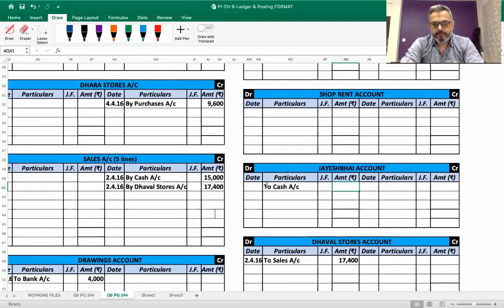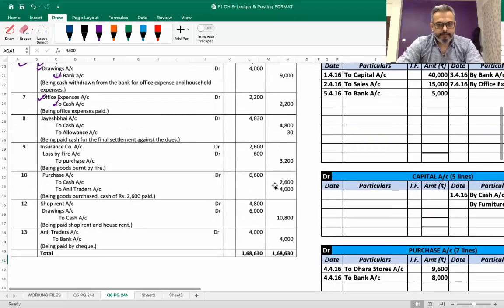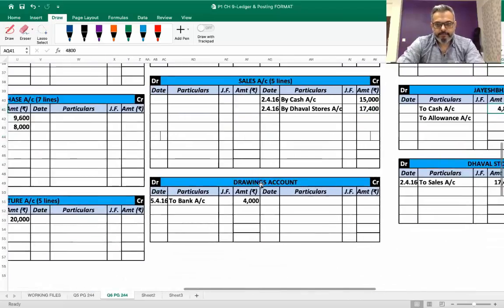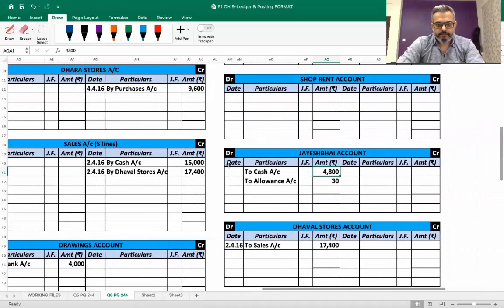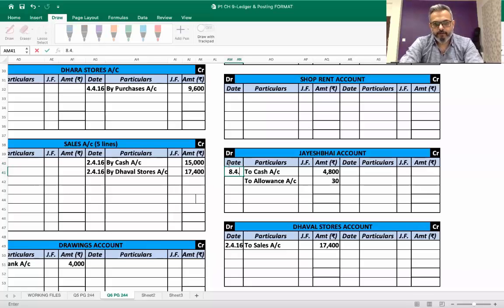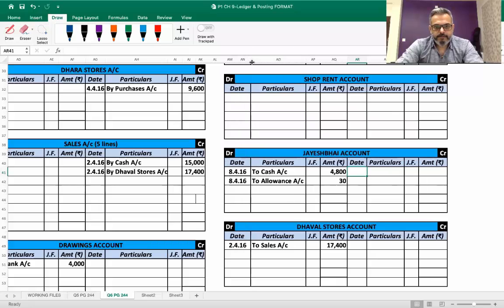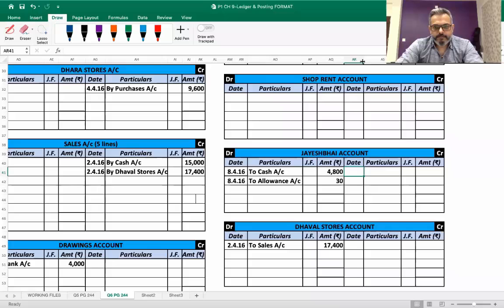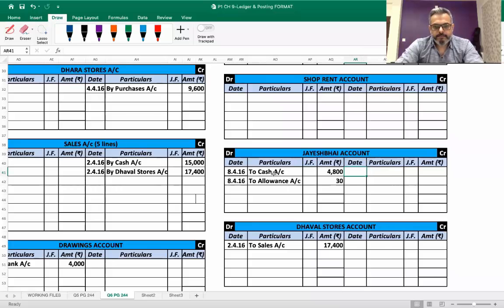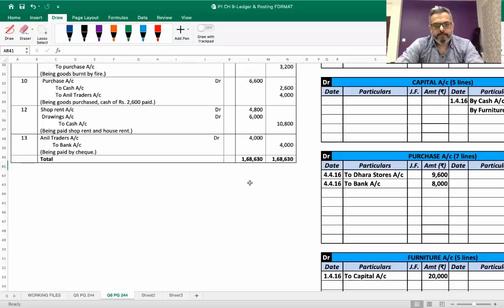To cash account 4,800 and to allowance account 30. Date 8.4.16. Next.